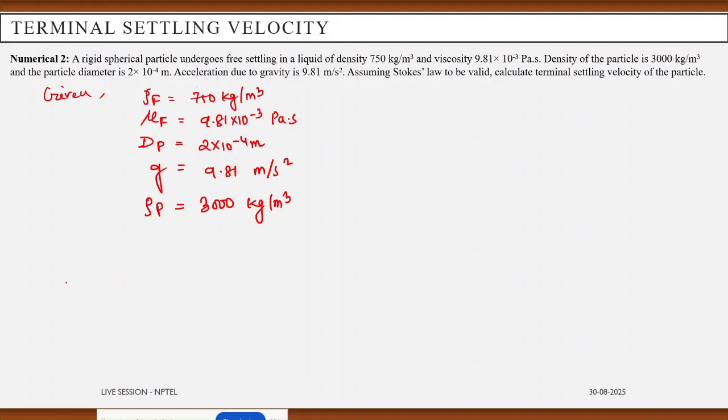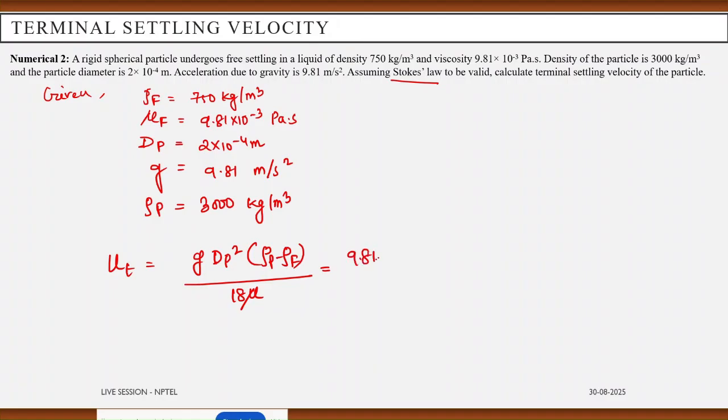Then you have to calculate the terminal settling velocity using the Stokes law. That is ut equals g dp square (rho p minus rho f) divided by 18 mu.